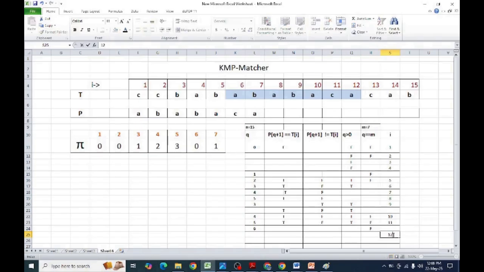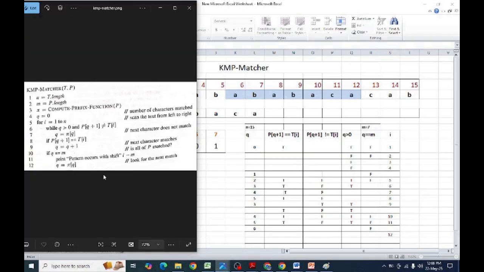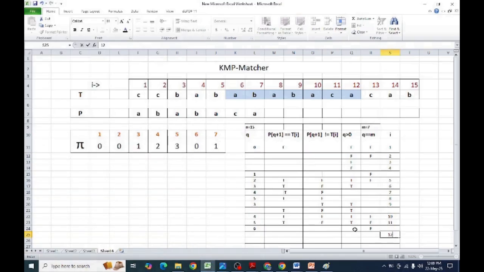I will be 12. Then in the algorithm, again Q greater than 0, okay. Then what about this condition? P of q plus 1, q is 6, that is P of 7. P of 7 is A. It is equal to T of 12.